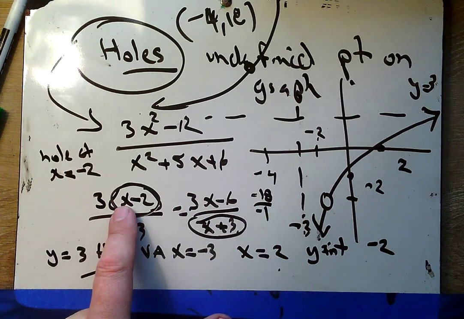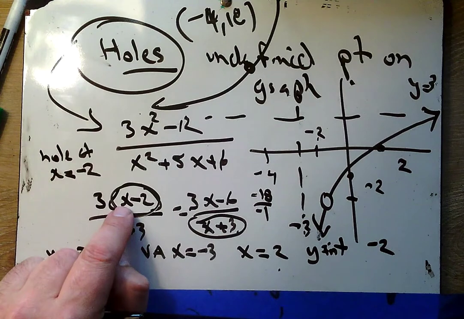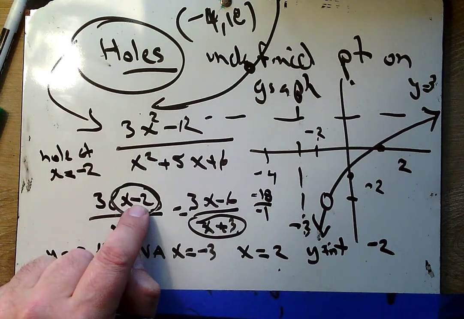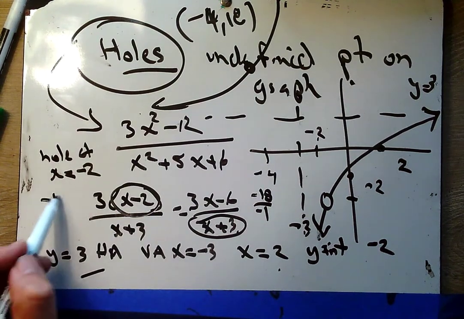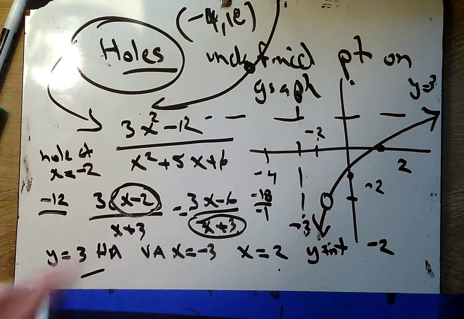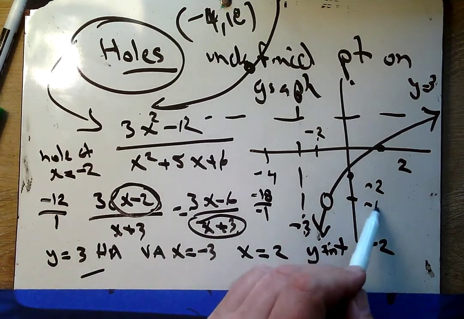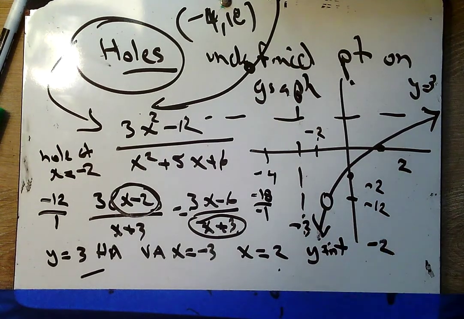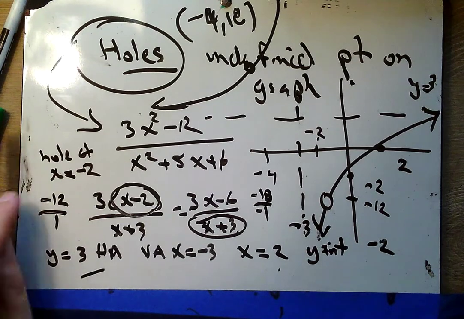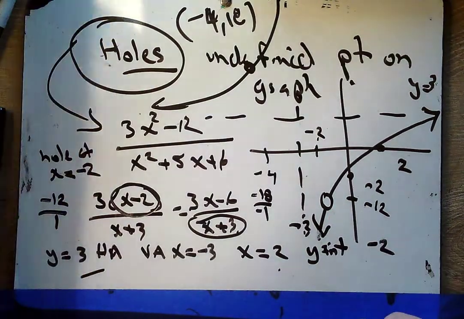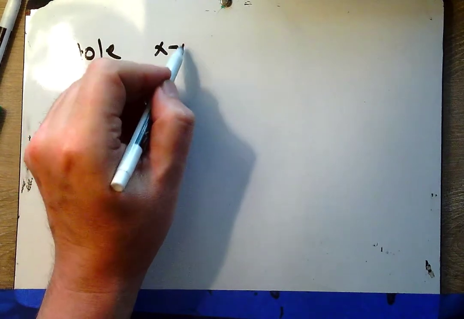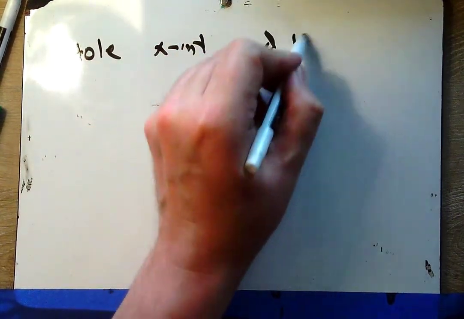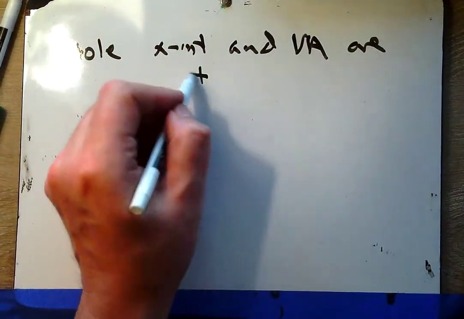If we plug in negative 2, negative 2 minus 2 is negative 4, negative 4 times 3 is negative 12, and negative 2 plus 3 is 1. And so this is going to be negative 12. But you don't have to label the y value of the hole. I just need it in the right place. Okay, hole. What was it that makes a hole again? A hole is created when an x-intercept and a VA are the same.